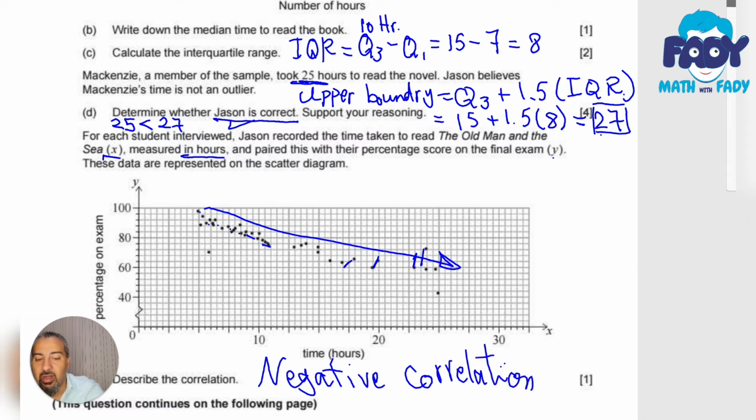You may write strong or moderate, but this will not be taken into consideration because we cannot identify it clearly without a value, the correlation coefficient R. So all we need is negative correlation.